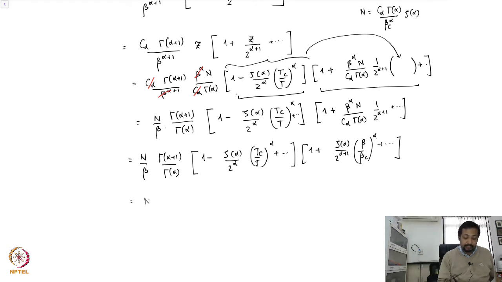Now n by beta is n kBT gamma alpha plus 1 over gamma alpha.